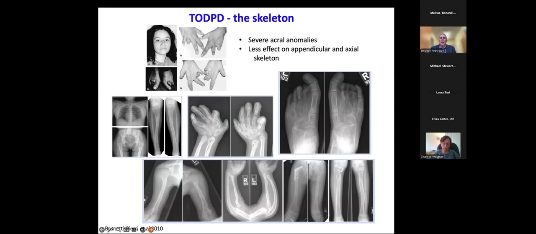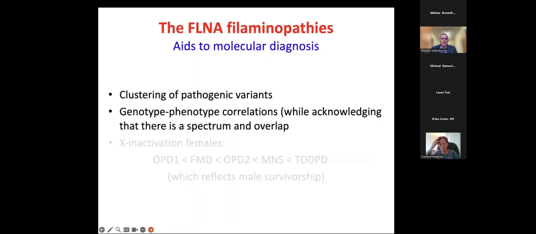And so we have a puzzling condition here that again has reminiscences with Melnick-Needles syndrome and OPD2, and is characterized by this single variant near the hinge region of filamin A. Excuse me.